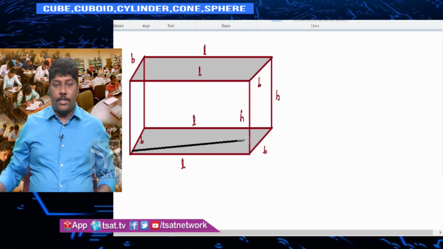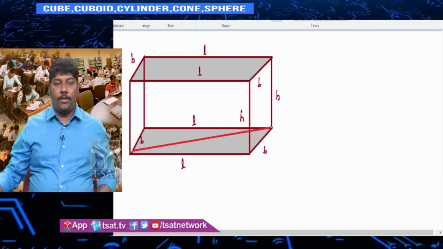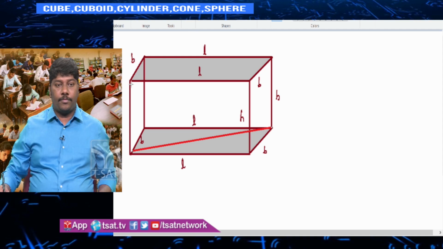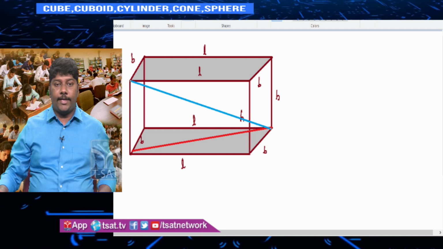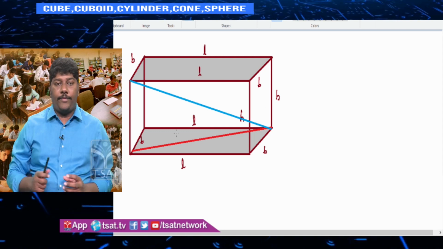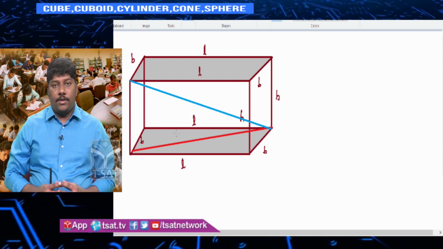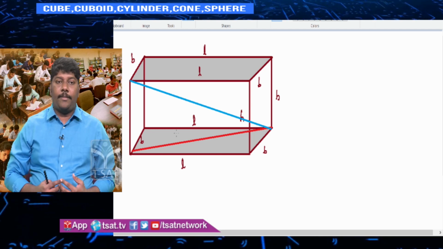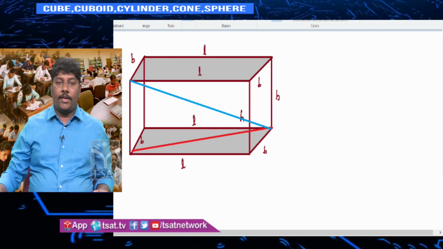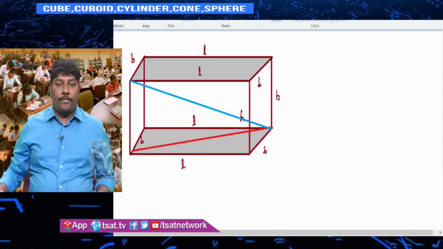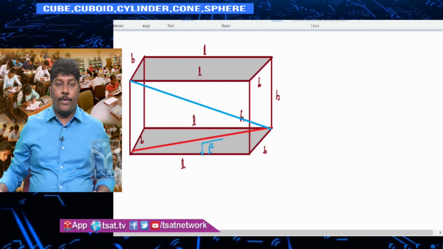Now, look at a cuboid. You have the diagonal of the surface and also the diagonal of the cuboid. The red one is the diagonal of the surface, the blue one is the diagonal of the cuboid. Diagonal of the surface depends on which rectangle you are taking. Here I am taking the rectangle on the ground or the base, with L and B as the sides, therefore the length of the diagonal is under root of L square plus B square.